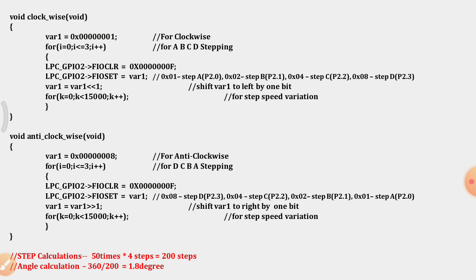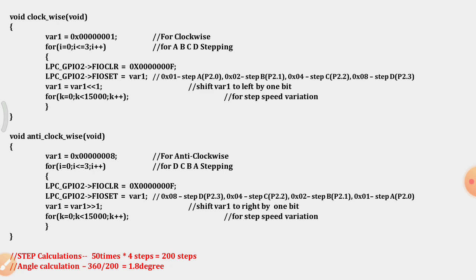Now on these pins I am sending the var1 value. What is the var1 value? 0, 1. That is 0001, where port 2.0 is 1 now. It means I am sending a high value on P2.0.